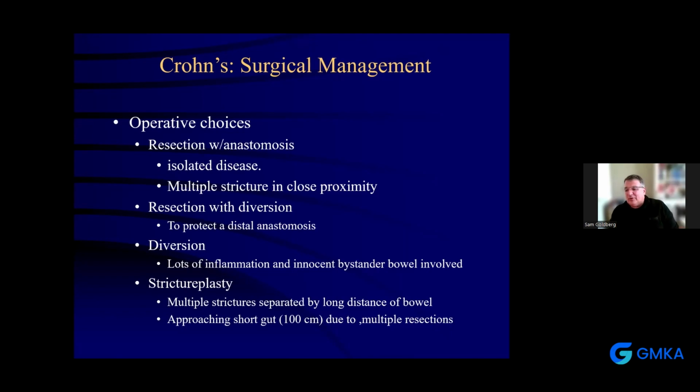When you go back in 4 to 6 months, all of that innocent bystander small intestine that's uninvolved with Crohn's but was stuck to the inflammatory mass will no longer be inflamed or involved, because diverting the fecal stream makes the inflammation in Crohn's disease go away. So then you can save all of that 100 centimeters of bowel and just resect the involved segment.